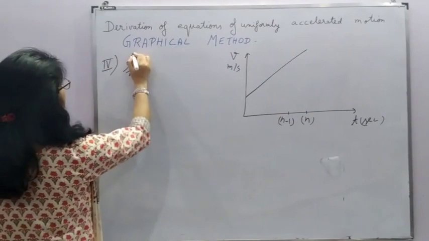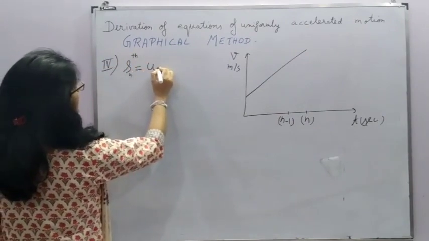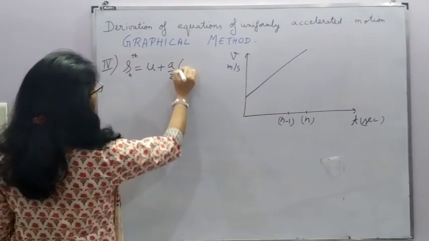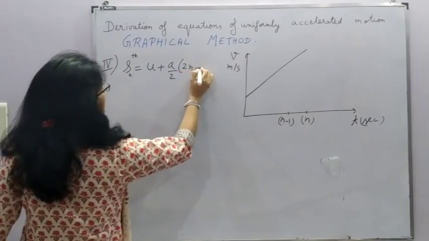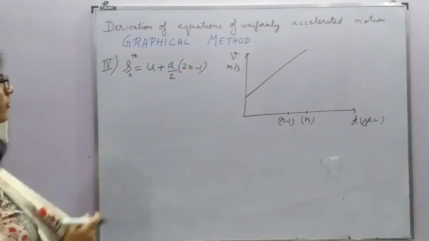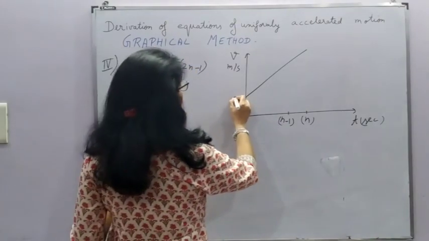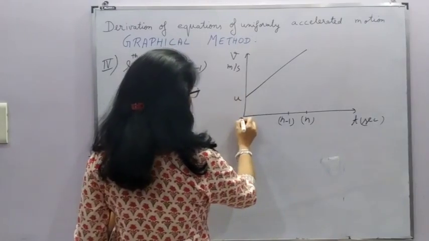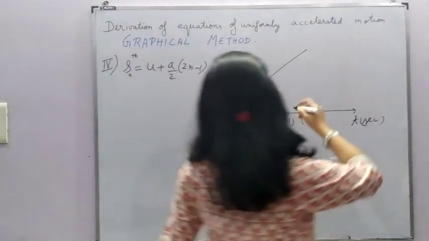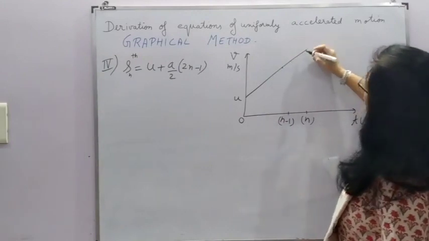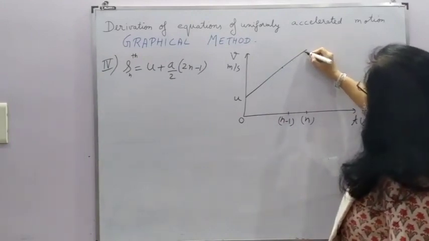Distance traveled in nth second is equal to u plus a by 2 into 2n minus 1, right? So from here, I hope you are getting this equation. We have to find this position and this position.